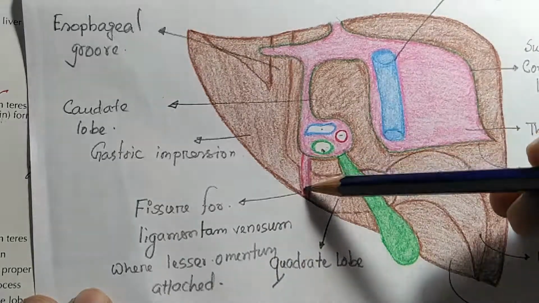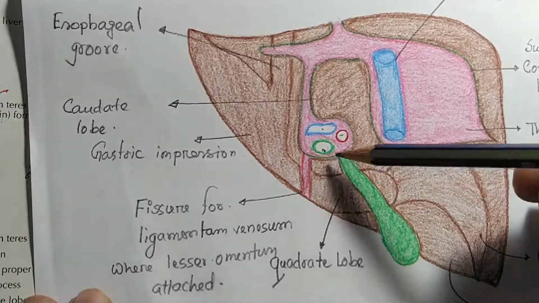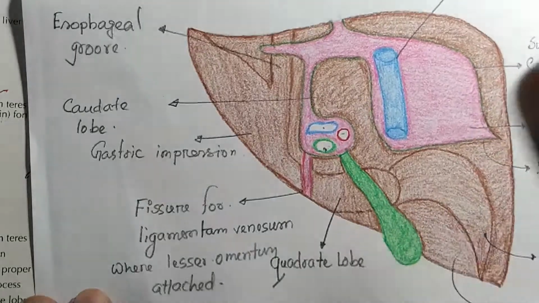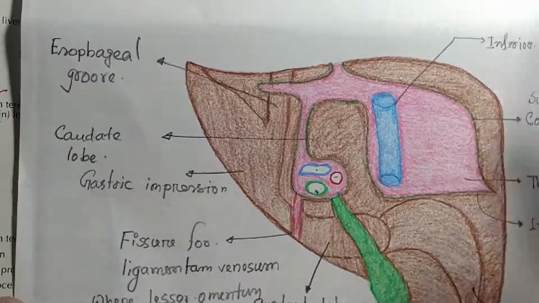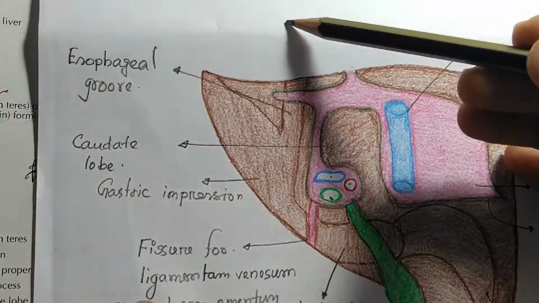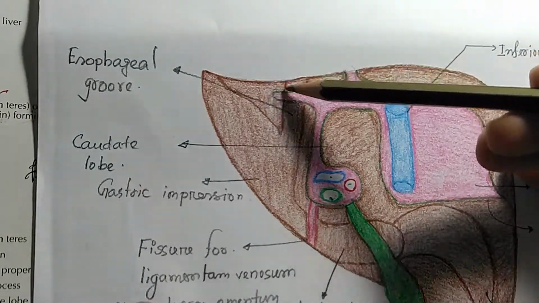So ligamentum teres is present here, and this is the quadrate lobe, this is the caudate lobe, this is the left lobe, right lobe. Now there are some borders and impressions present on the inferior surface. Here the esophagus goes posterior to the left lobe.